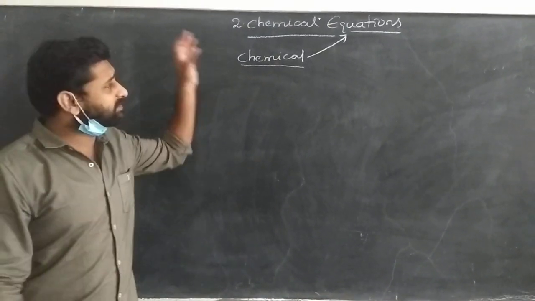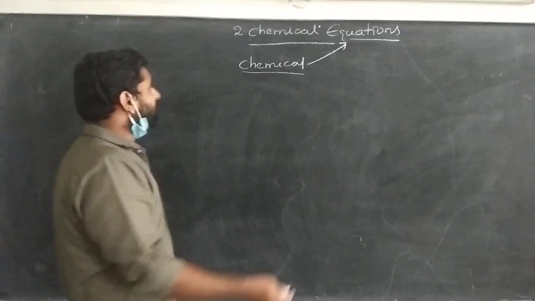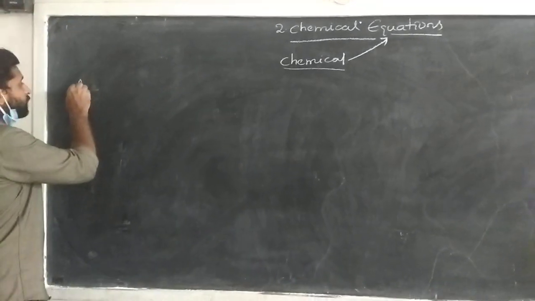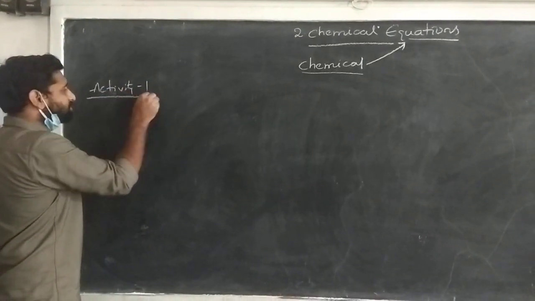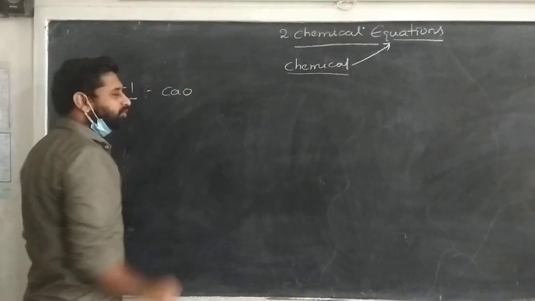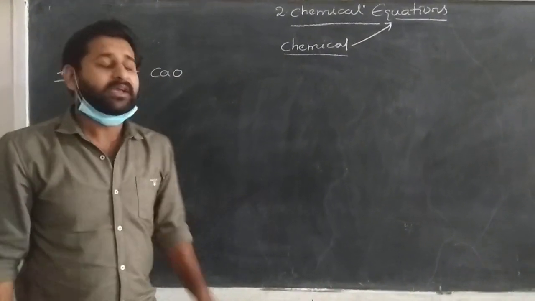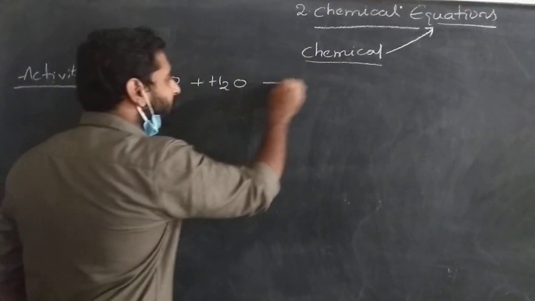So, how are these equations derived? See, we have activity 1, which we already discussed. What is activity 1? It shows what happens when calcium oxide is reacted with H2O. What will be your reaction?